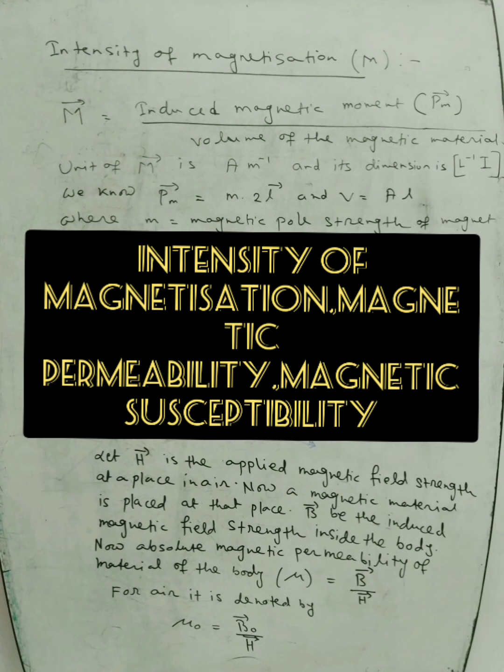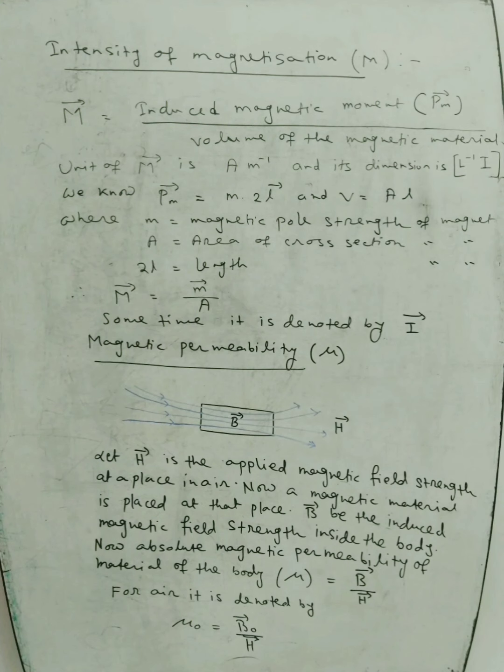Today I am going to discuss some definitions and the relations between some magnetic parameters. At first, we are going to define the intensity of magnetization.